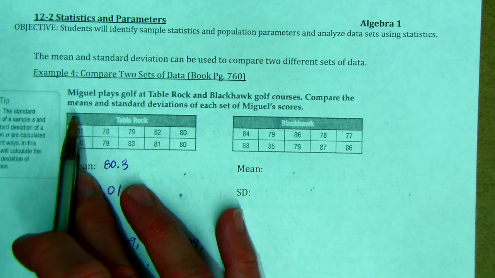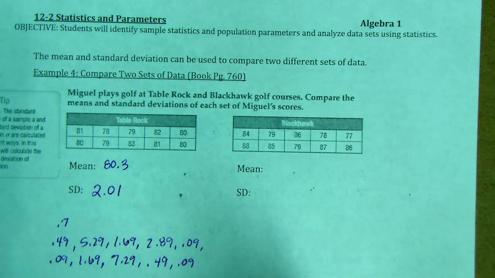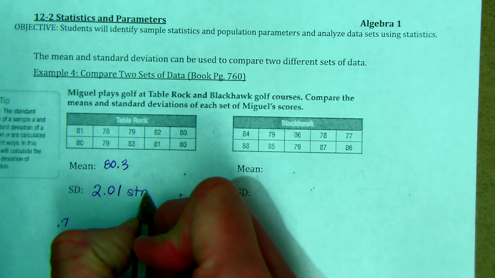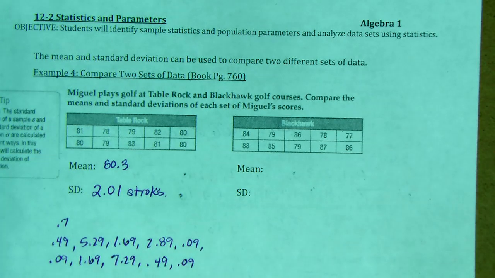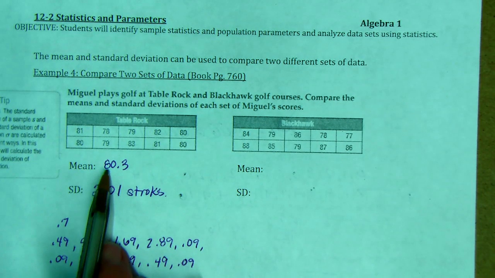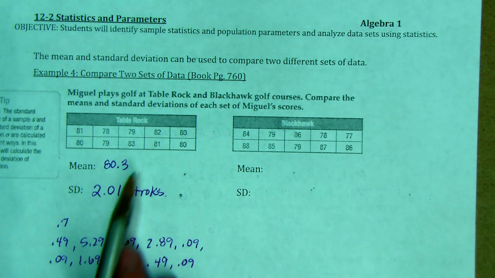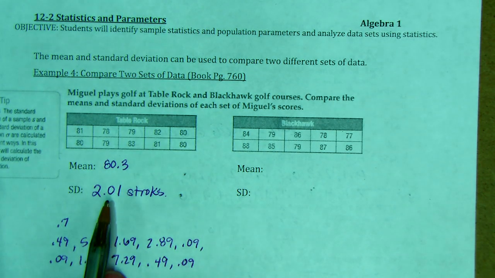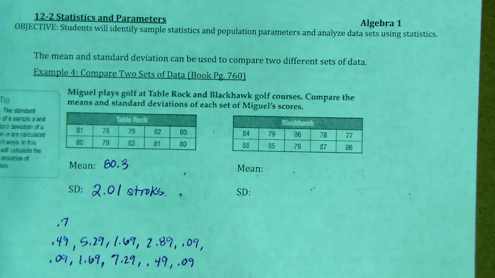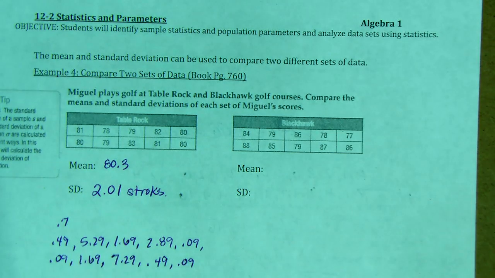Now, if we compare that, his mean is 80.3, and his standard deviation is 2.01. I'd say he scores all pretty close together, because compared to your mean, that's a very small number. All right, so that's at Table Rock, but at Black Hawk, his scores look a little more spread out.